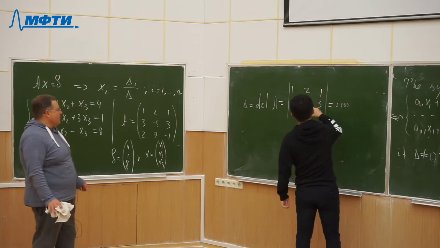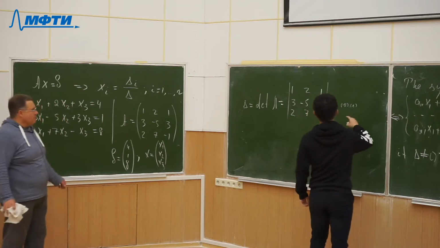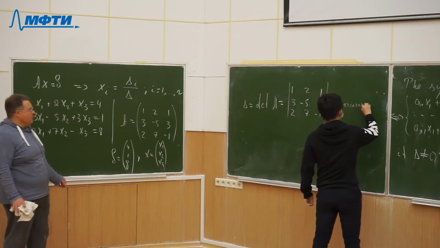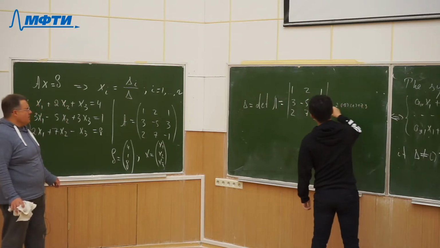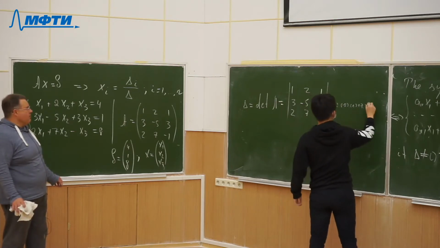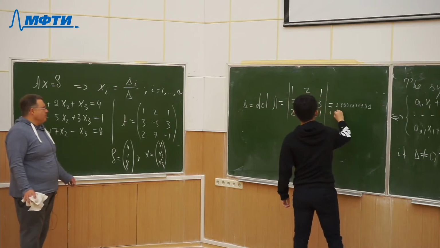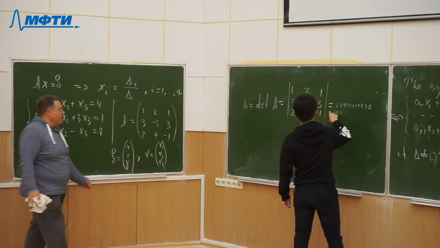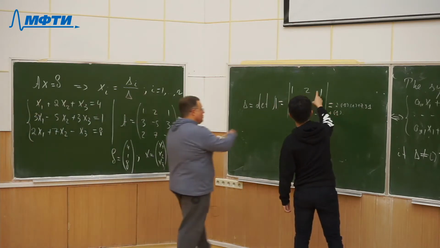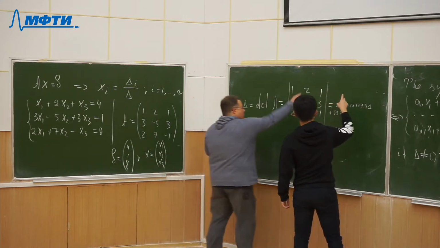3 times minus 5 times minus 1 plus 3 times 7 times 1 plus 2, 2, 3.